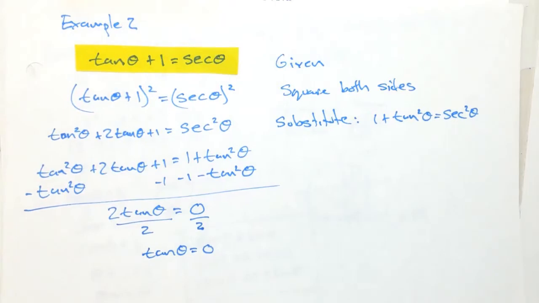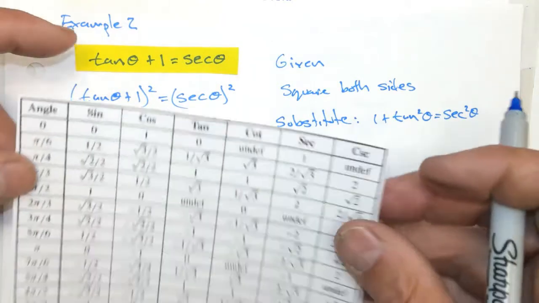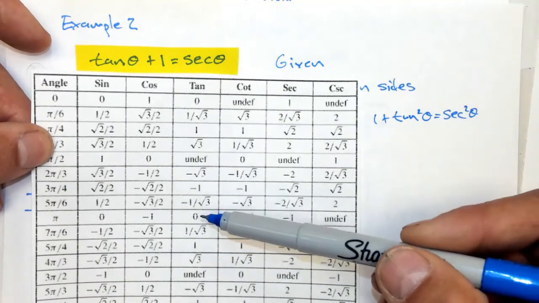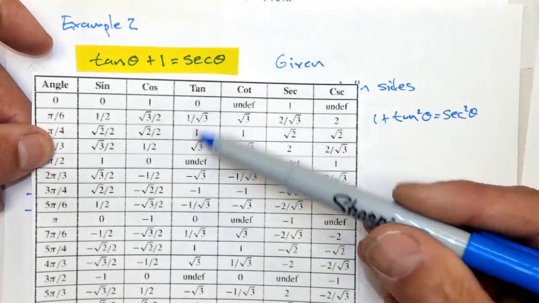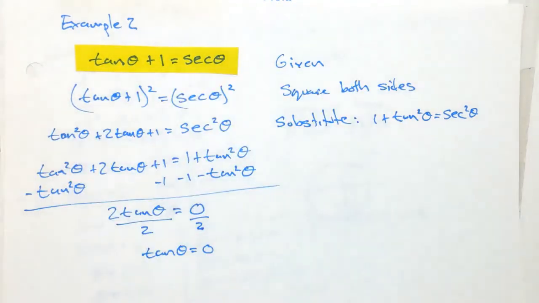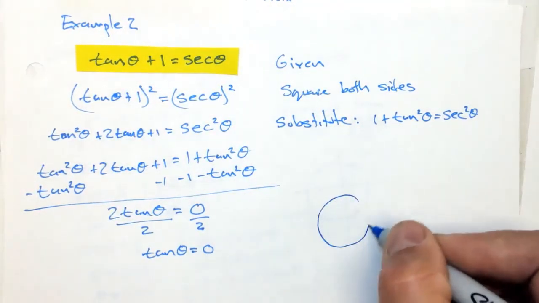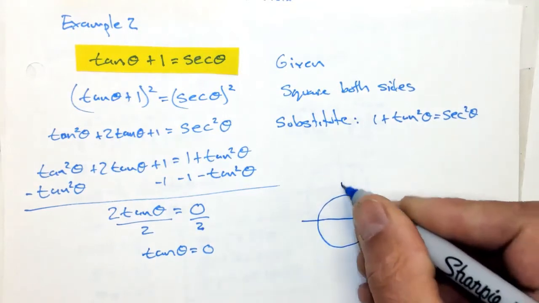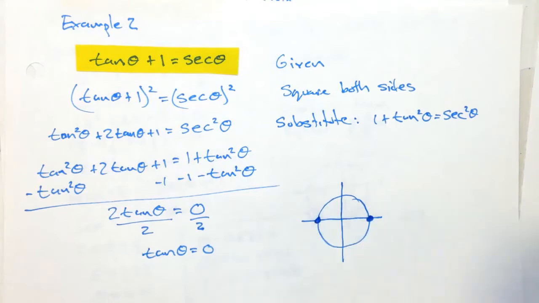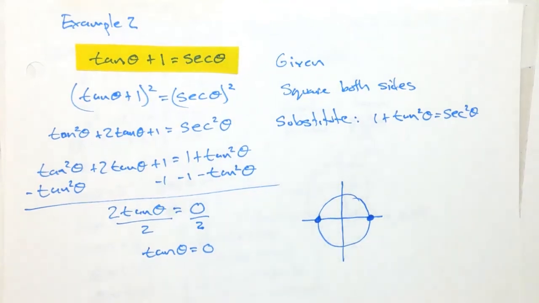Now I might know where that is, but I'm just going to use my table here. I notice it happens at 0, and it also happens at pi, where the tangent of theta equals 0. So on the unit circle here, I might notice where those are, at 0 and at pi. And that's what we might have anticipated.